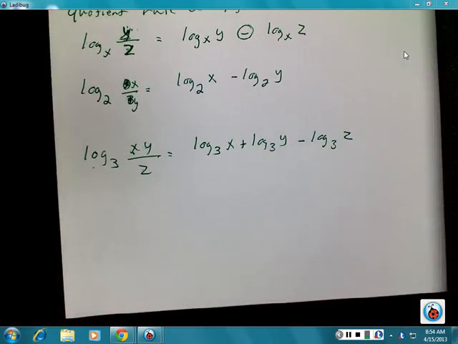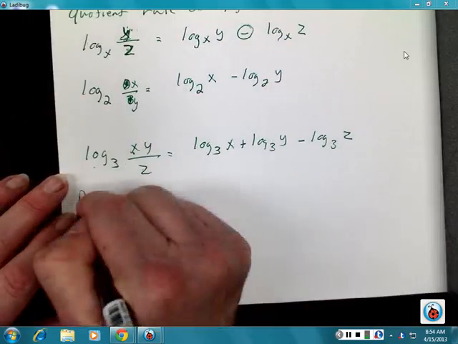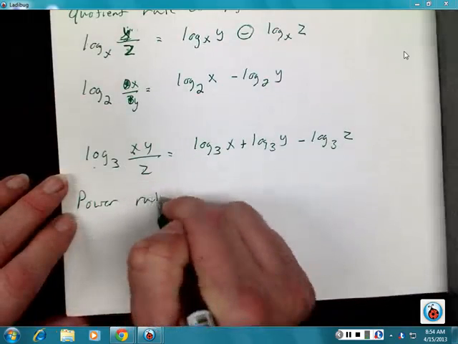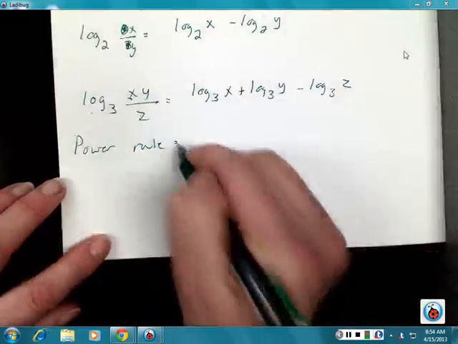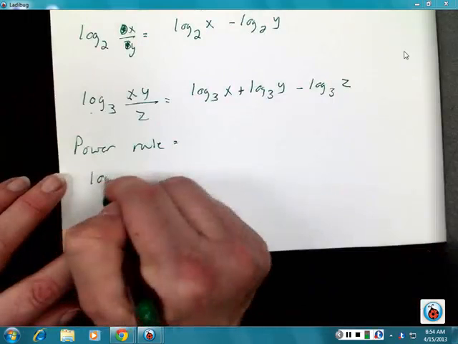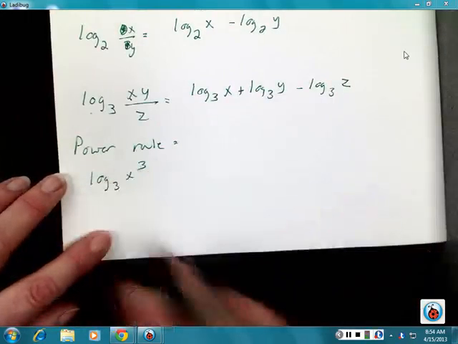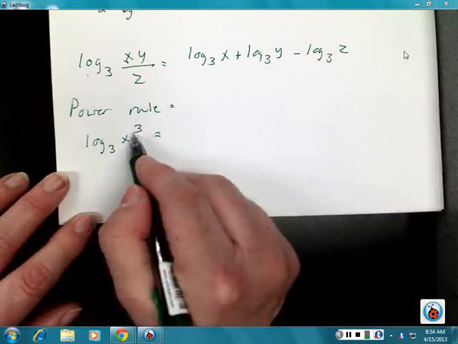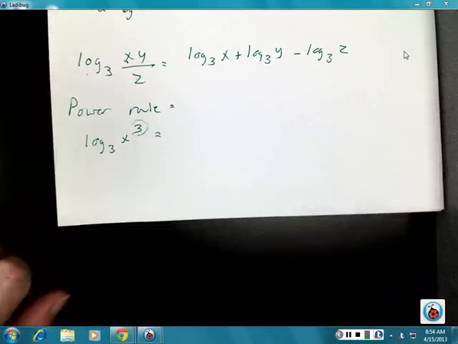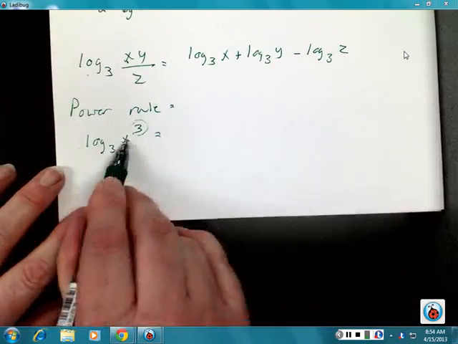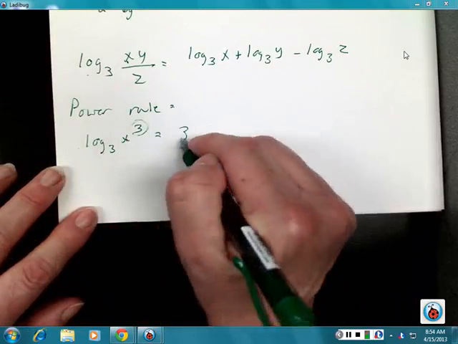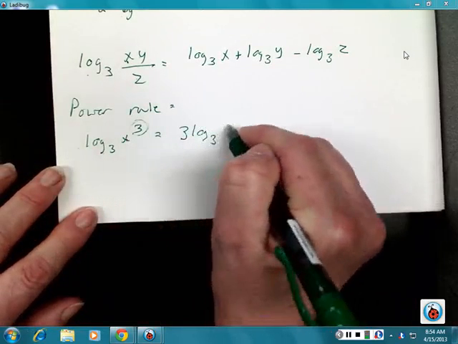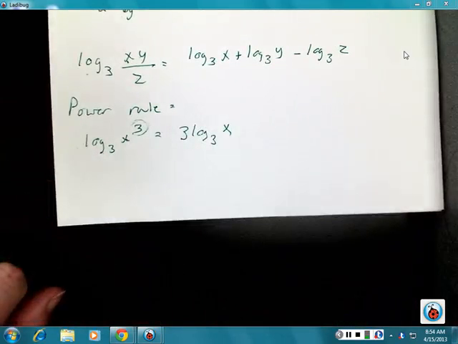And then the final rule is the power rule. And in the power rule, it is log of 3x to the third power. If you have this situation, this 3, which is the power that's on x, comes down and goes in front of your log to get it to be broken apart in that manner.